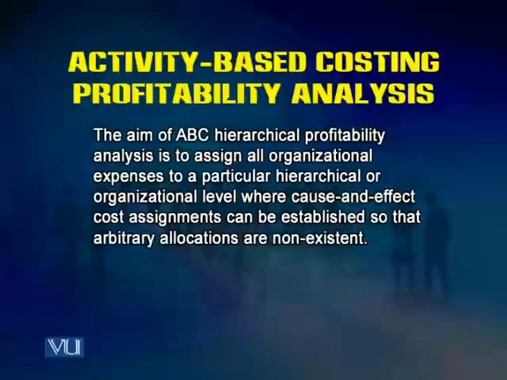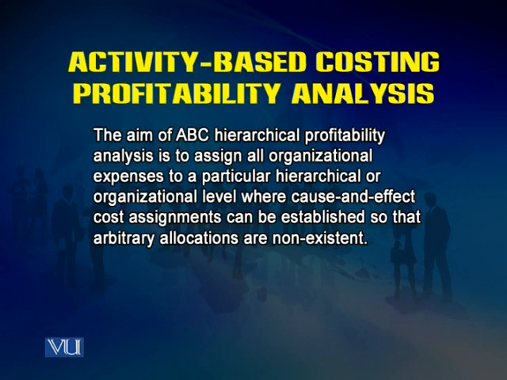The aim of ABC hierarchical profitability analysis is to assign all organizational expenses to a particular hierarchical or organizational level where cause and effect cost assignments can be established, so that arbitrary allocations are non-existent. So this is the aim.